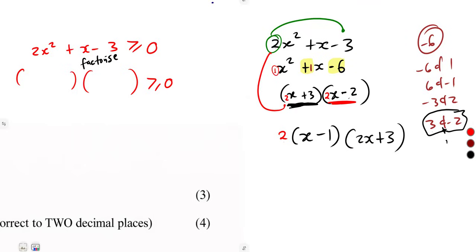The 2 that is outside is not part of your solutions, is not part of your factorization. This number is useless. You cancel it. You take only the brackets. So meaning to say, we're going to have what? x minus 1 and 2x plus 3, just like that.